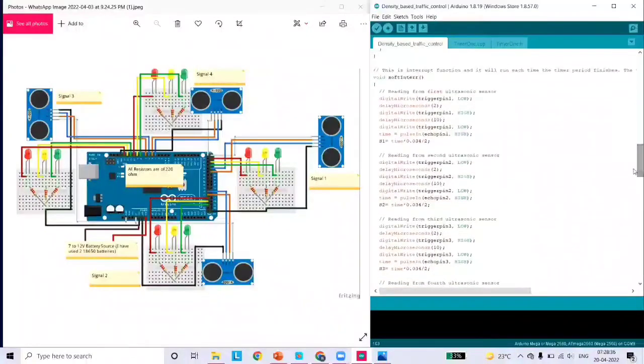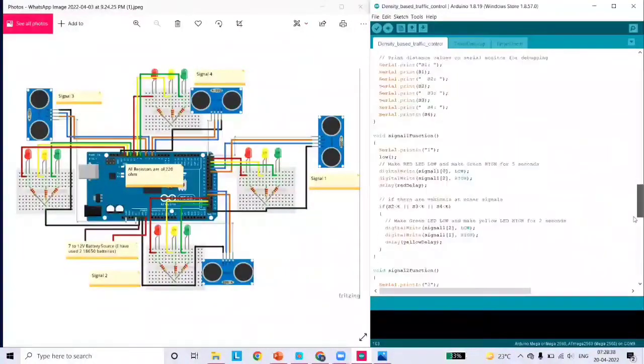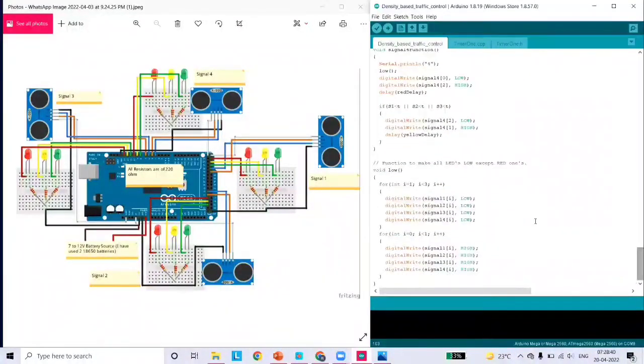So we have set the timing. Now, as you can see, we have a low function which will turn off all the LEDs except for the red ones for the normal functioning of the signals. This completes the code walkthrough and the circuit explanation.